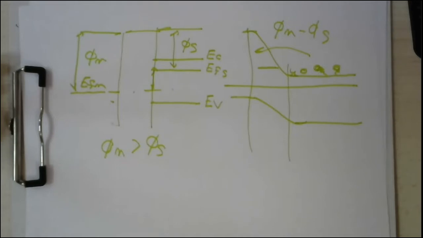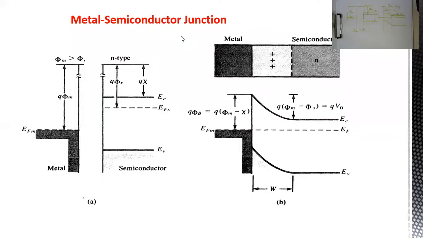Let's return back to our slides again. So this is the metal semiconductor junction. Now we shift this downward by a distance phi m minus phi s in order to make this horizontally aligned.